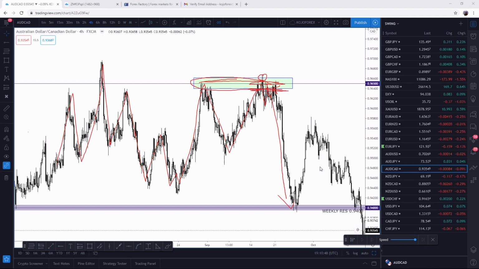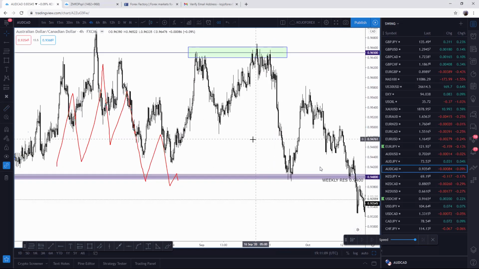You can see now if this drop happened, for some reason, coincidentally, we tap this weekly resistance level again, right? And then that would have been recapitalizing on about 220 pips if we took that trade setup.